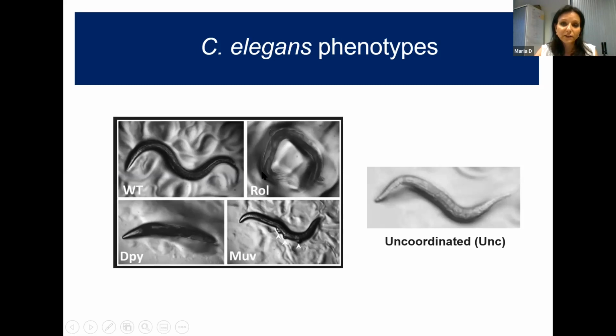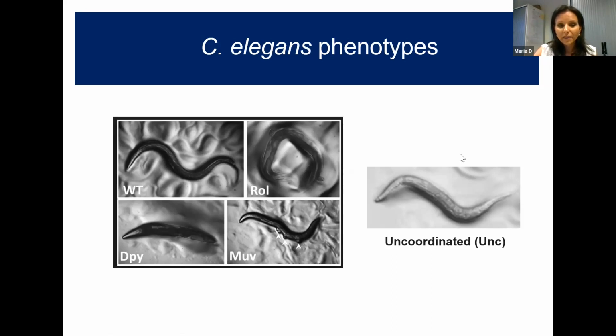Now, if you cause specific mutations, the worms might change their phenotype. For example, this is what we call a roller phenotype. These animals will roll around and follow their tail all the time, and this can be caused by different types of mutations.